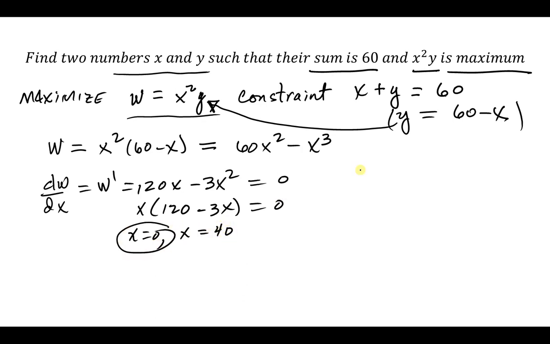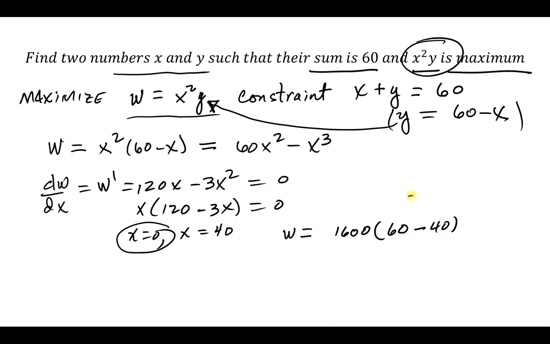Notice that x equals 0 gives us 0 for w, but for x equal 40, w is going to be x squared, which is 1600, times y, which is 60 minus x, which is 40.